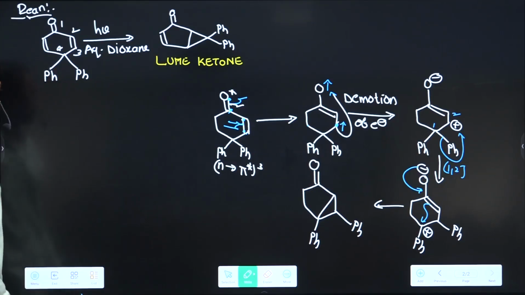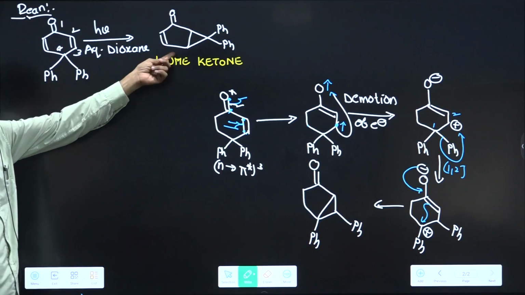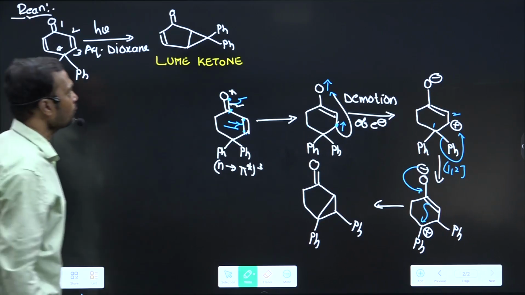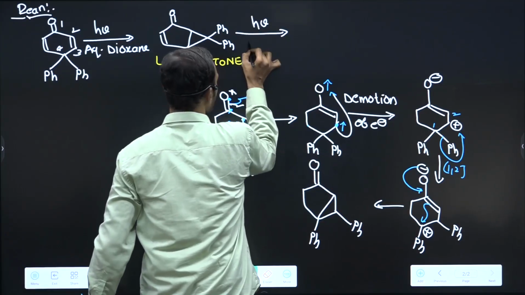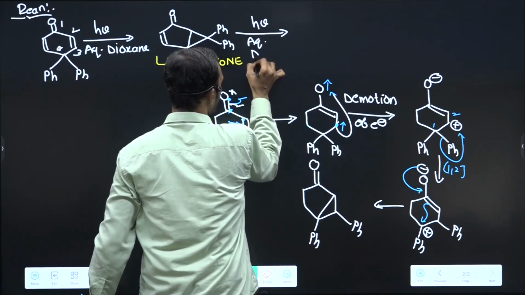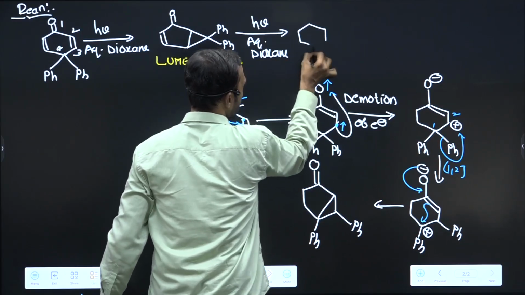In aqueous dioxane, you will get lumiketone. This molecule name is very important. After getting this lumiketone, we photochemically irradiate the same mixture further, and then there is a formation of phenol.